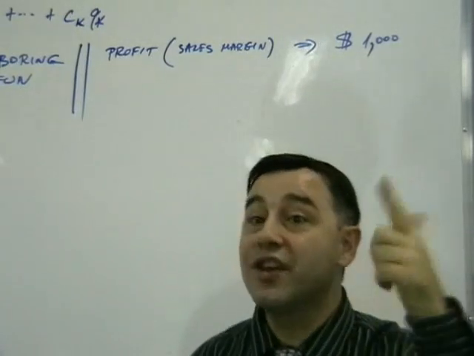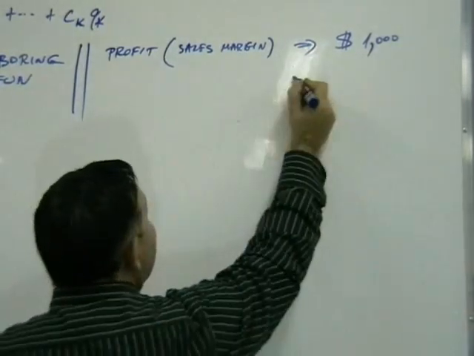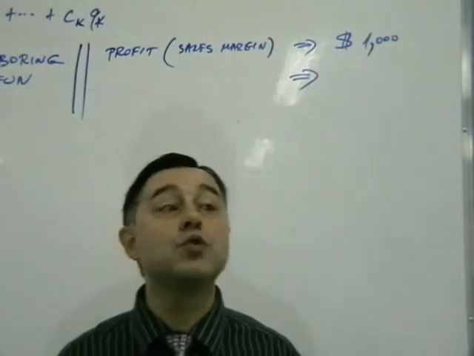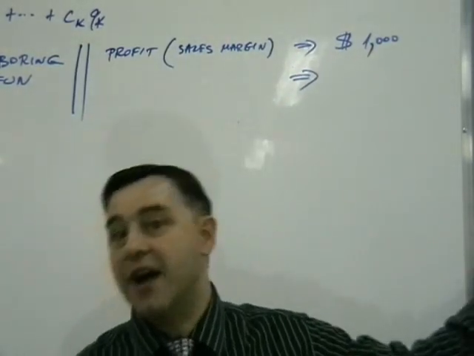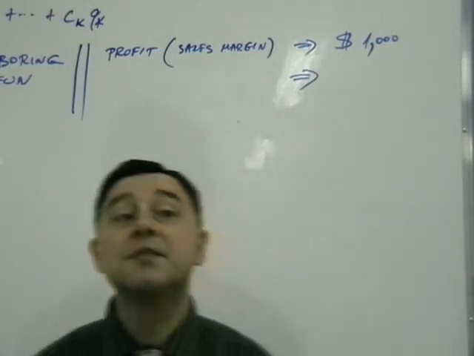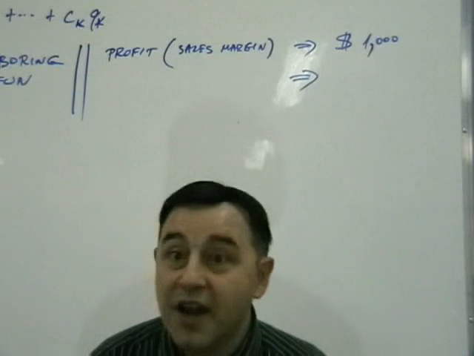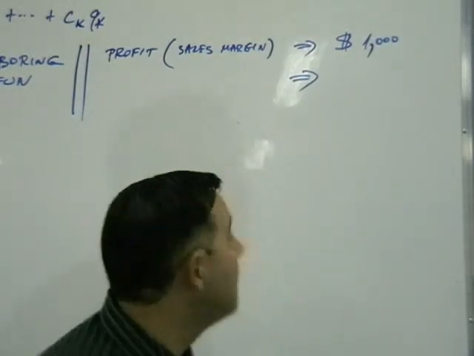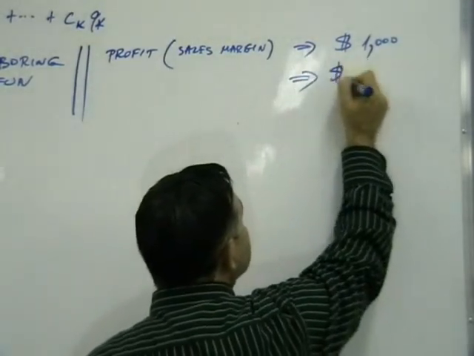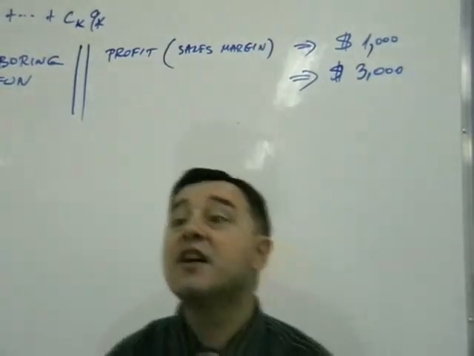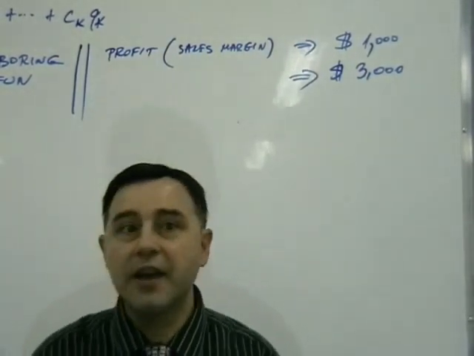So here the idea is that, of course, competition will drive the profit way less than 6,000 or possibly 5,000, but the profitability will still be well above 1,000. And a reasonable number is 3,000, okay?